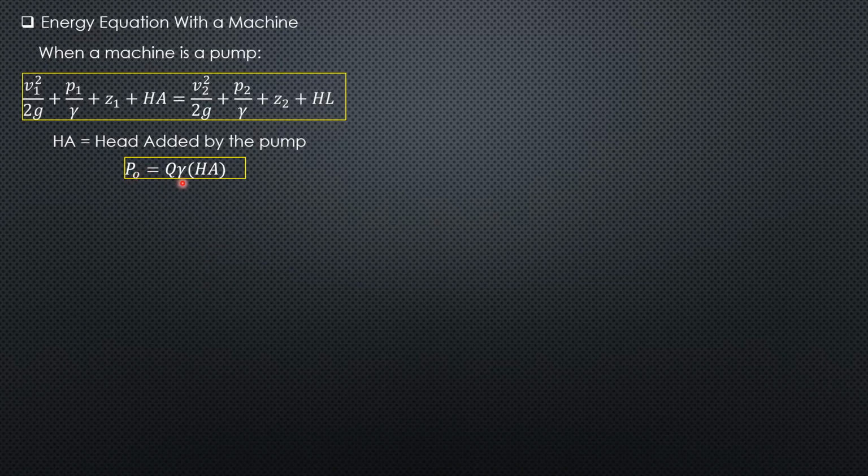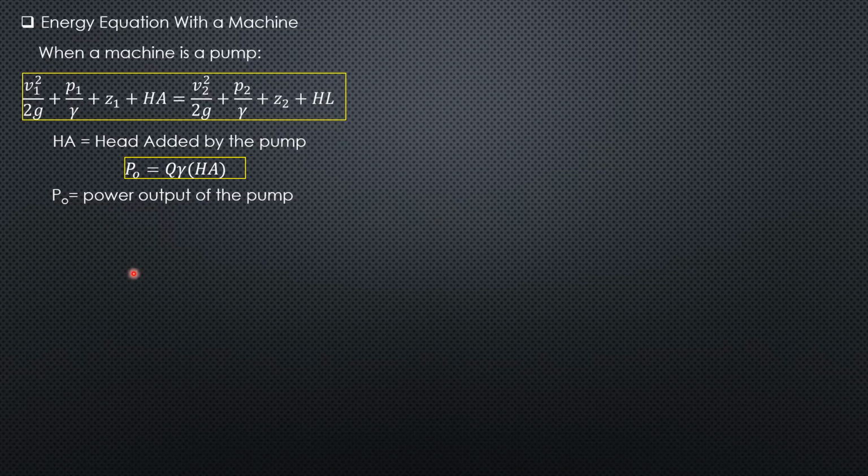That's why the output power, when it is a pump, is Q gamma times head added, because the input is electrical or mechanical energy. So when it operates, the generated power is output power.